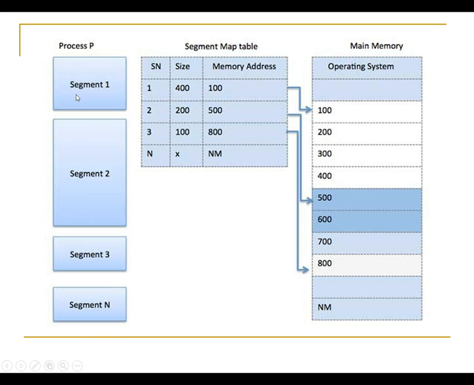And the same for n number of processes. So whenever the process blocks are created and stored as a single segment of varying size, before storing all these segments into the main memory, the size and the memory address are stored inside one table that is called the segment table.